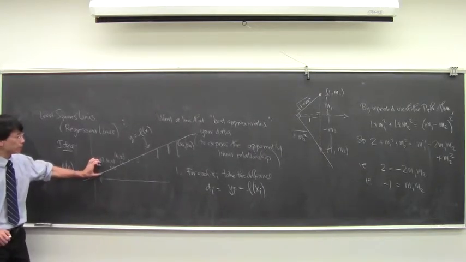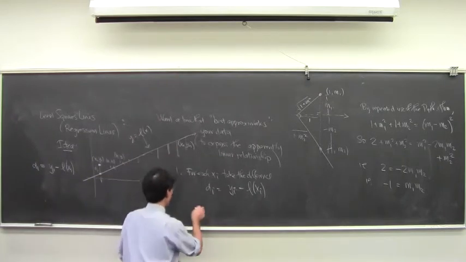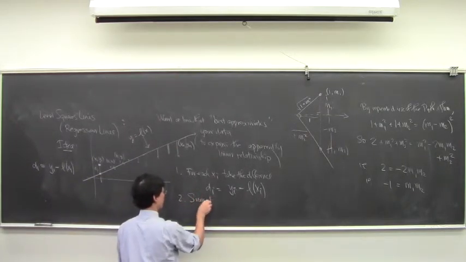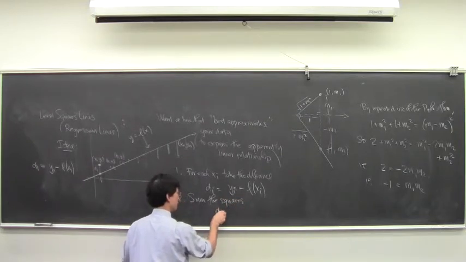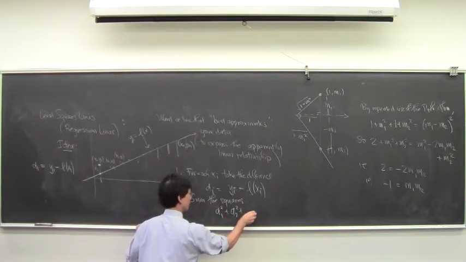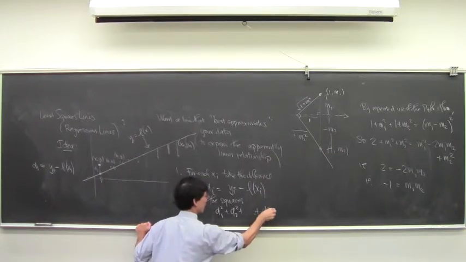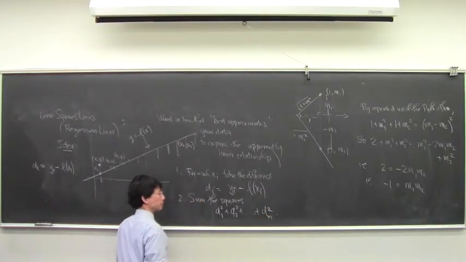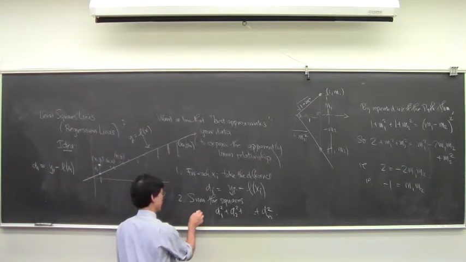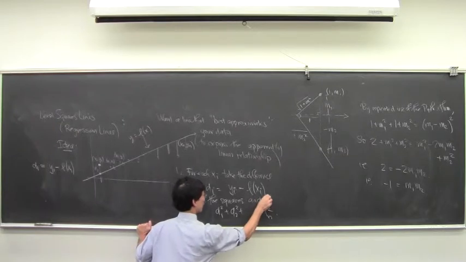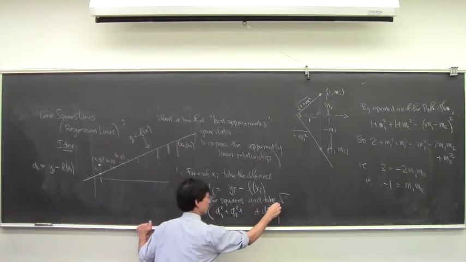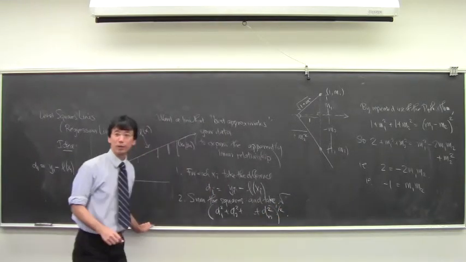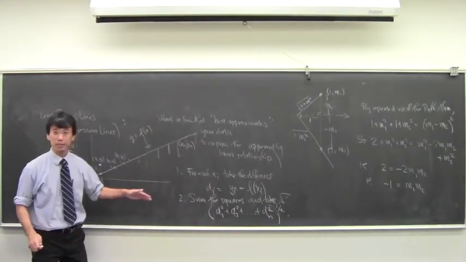Then you sum the squares: d1 squared plus d2 squared plus up to dn squared, and take the square root. So sum the squares of all the errors, and then take the square root of that.